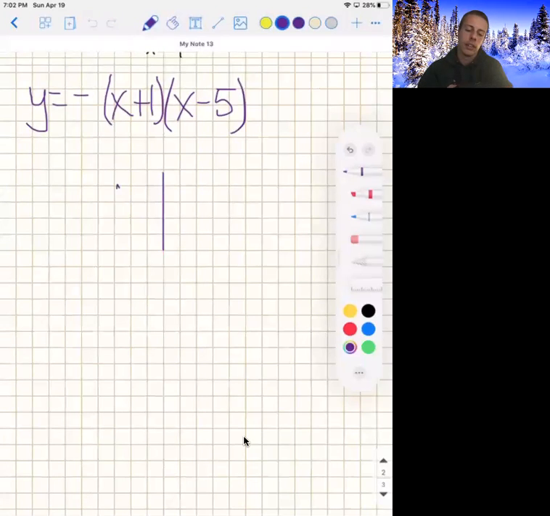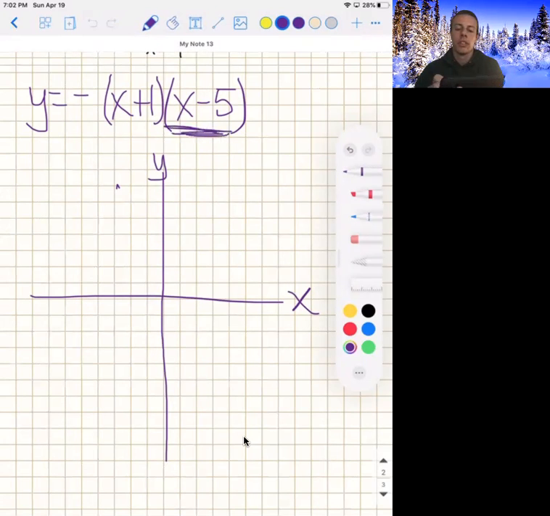So right here, we have our y-axis. And over here we have our x. And so I'm actually going to start with this second set of parentheses since it's already in x minus form for us. And so since it's in x minus q form, I know that q must be 5.